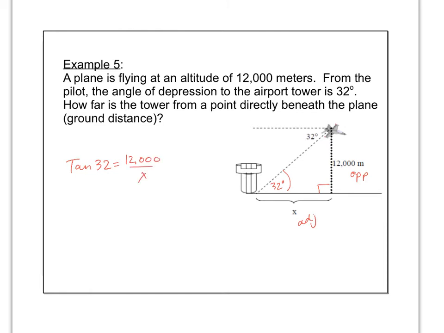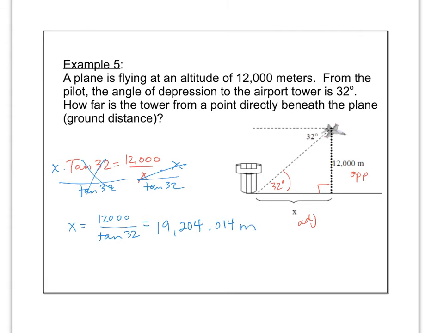To solve it, you're going to multiply by x, and then you're going to have to divide by tangent 32 to get x by itself. Whatever you do to one side, do to the other. So x equals 12,000 divided by tangent 32. Now that can go in your calculator. I got 19,204.014, and it would be meters.